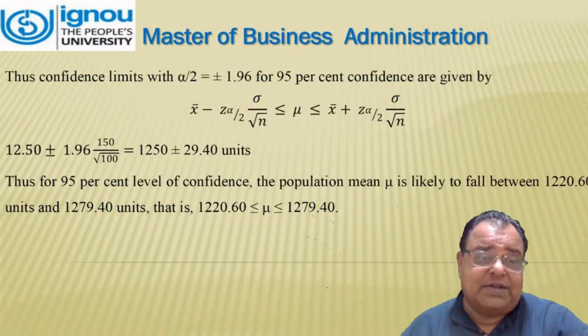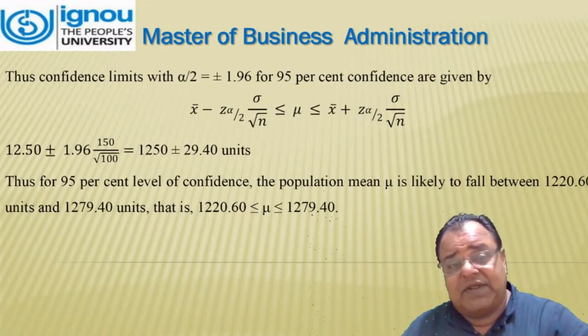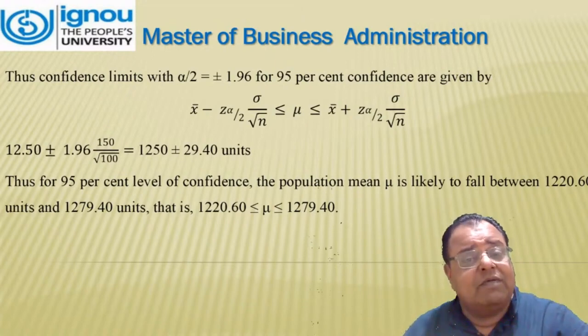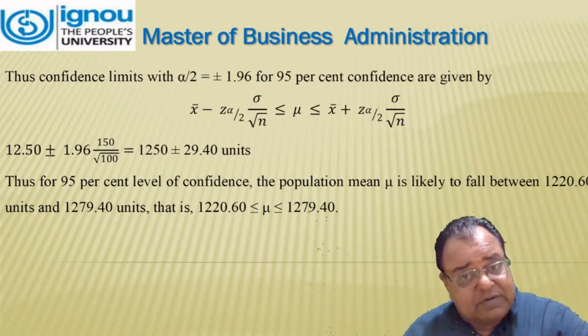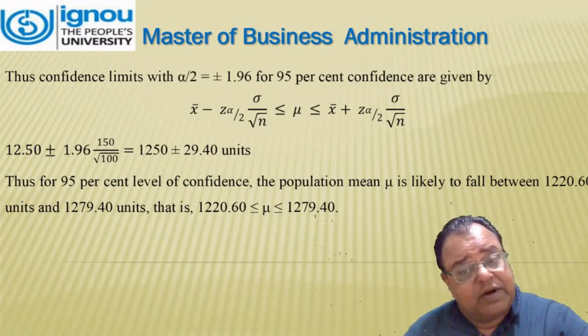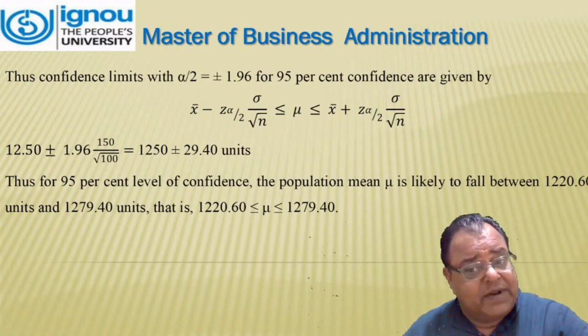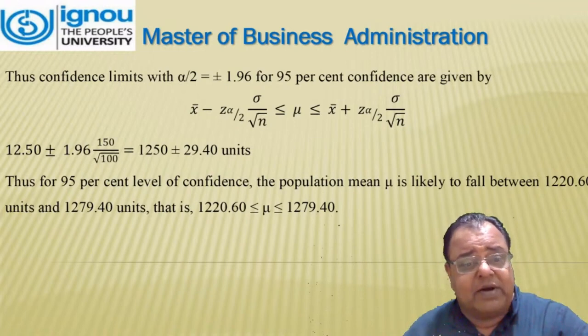Now how to convert this? Z alpha by 2 is equal to 1.96 for a 95% confidence level, which is given as x bar minus z alpha by 2 times sigma upon under root n less than or equal to mu less than or equal to x bar plus z alpha by 2 times sigma upon under root n.